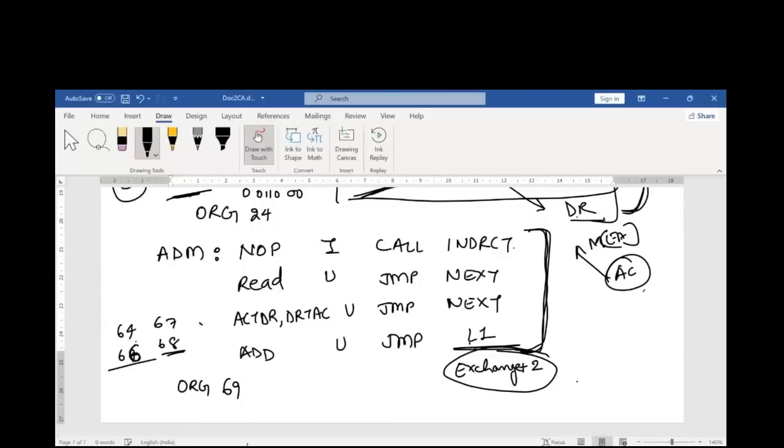So you can start from org 69 and make the 2 lines: AC to DR, DR to AC, and the write operation over here. Okay, but in this case, we knew that we had already made it above. So if it is already existing, you can jump to that location. But if it is not, then you can utilize the second half of our memory, which is for common functions and for microprograms which cannot be completed in 4 microwords.